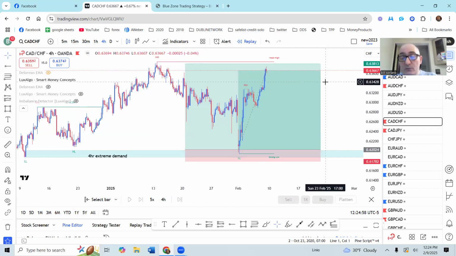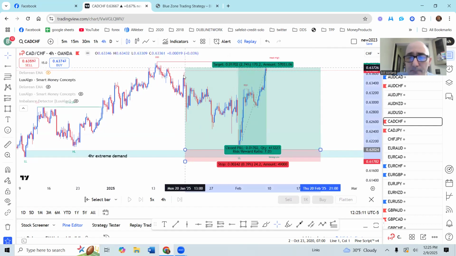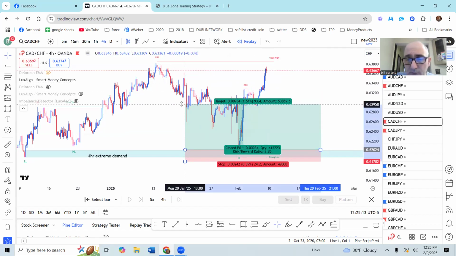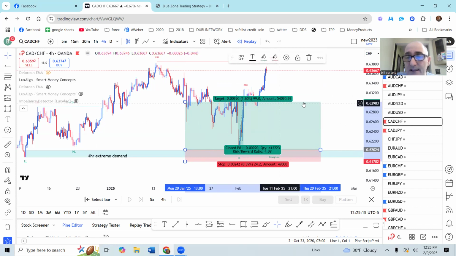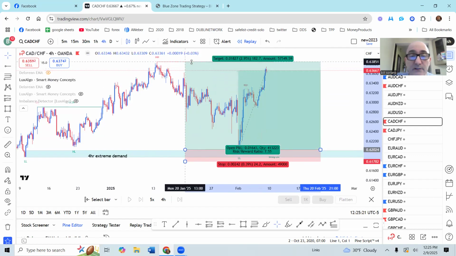So we either lose our 1% or the trade goes and we get out at the 1-to-2, 1-to-2.5, or 1-to-3. Now, with these bigger risk to reward ratios, if this is a 1-to-8, when you're up half of that, or a 1-to-4, you may decide to close half your position and move your stop loss to break even, and then just let it run all the way to the top.